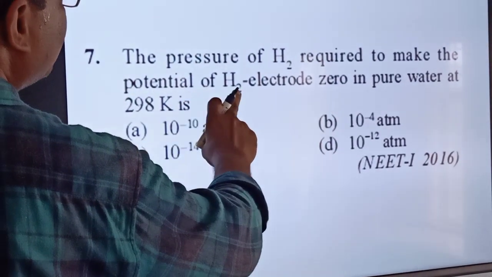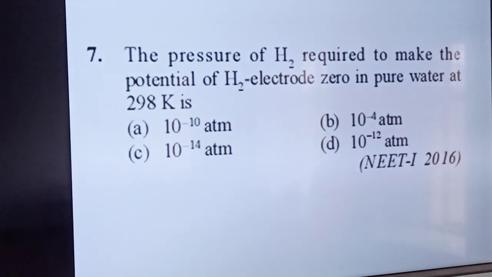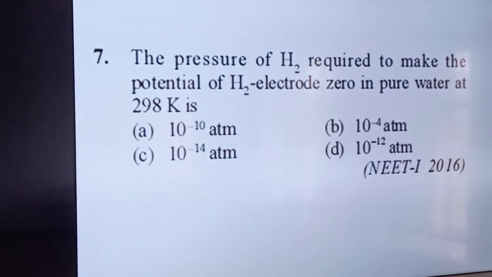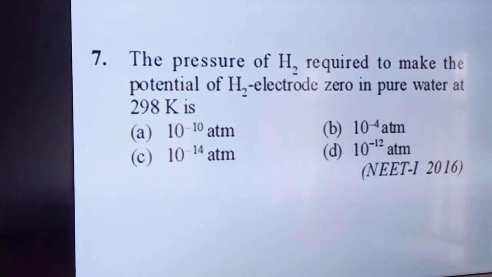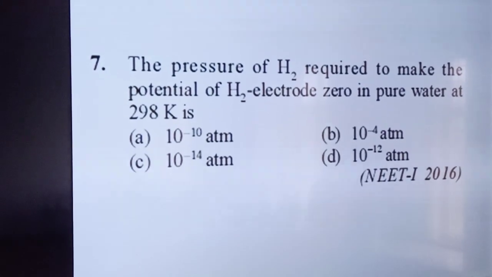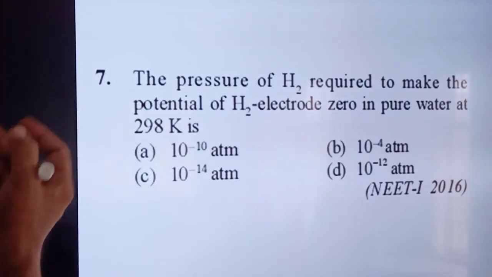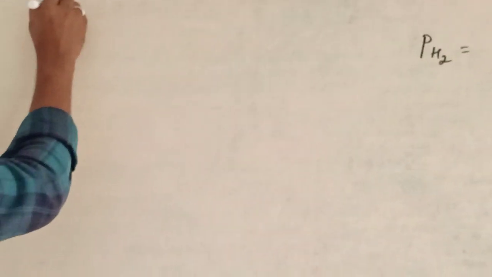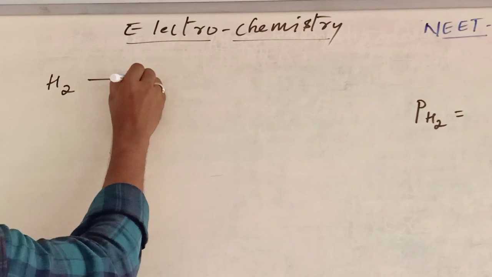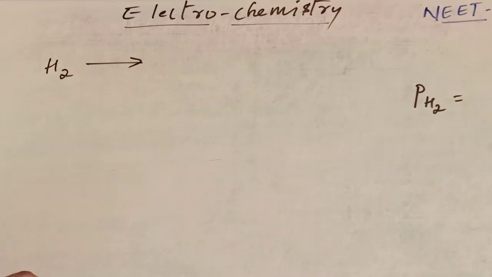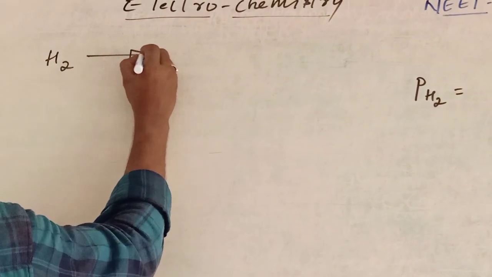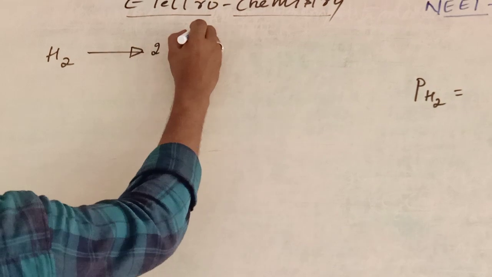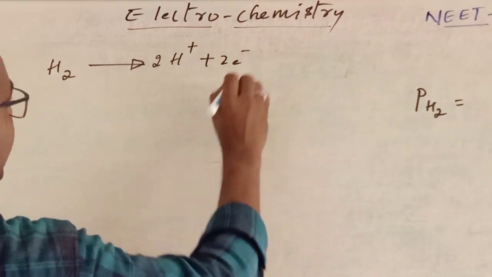Required to make the potential of H2 electron 0 in pure water at 298 Kelvin temperature. Hydrogen gas in pure water gets oxidized to form 2H plus and 2 electrons.